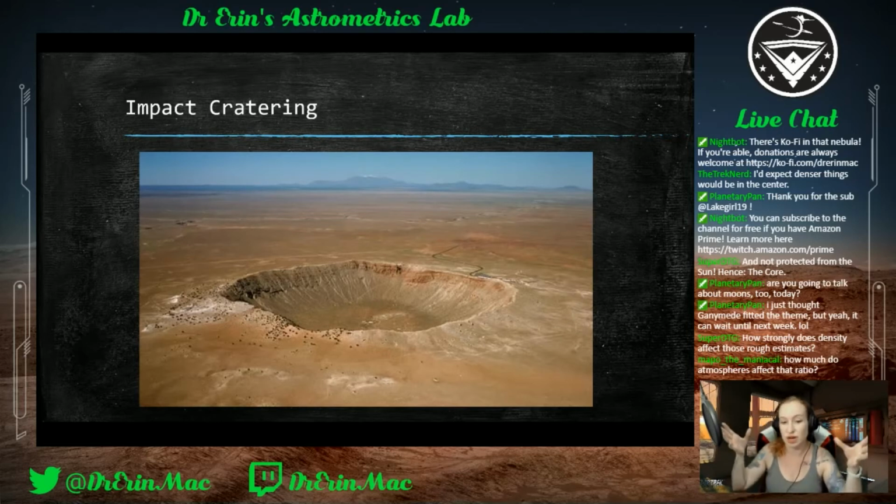So maybe it started at 5, now it's only 1 kilometer. What we care about for the crater impact is just the size of it when it hits the ground. So it will lose matter, it will lose size by going through the atmosphere. So looking at impact craters on the surfaces of planets that have atmospheres is not necessarily going to tell us how big the asteroid was when it came through, just how big it was when it hit.